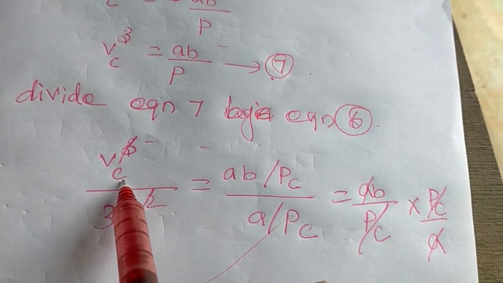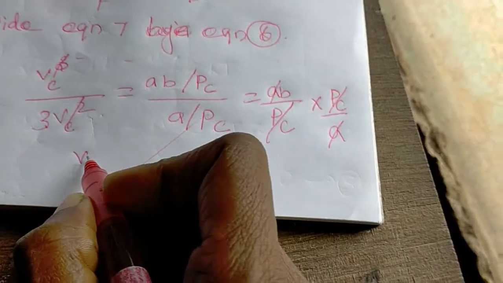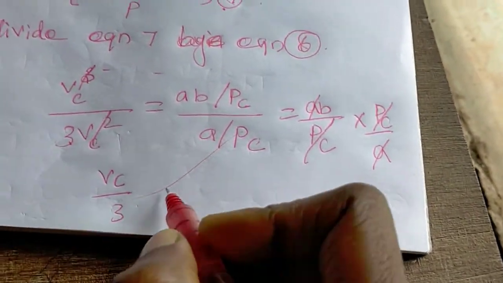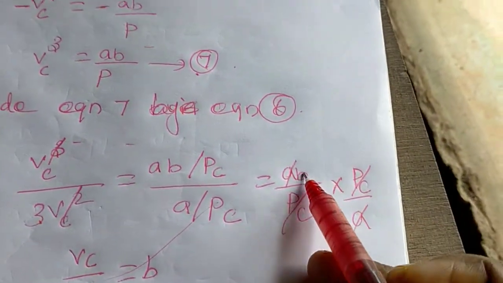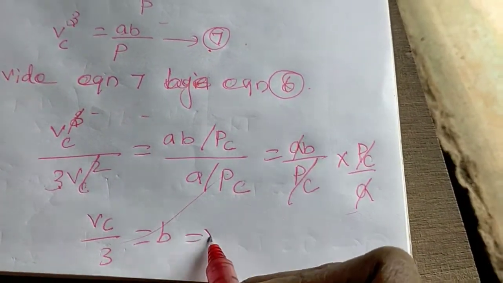So you have VC divided by 3. So you write VC divided by 3 equal to B. Only B is present, all the other variables are cancelled. So you can find the VC value.